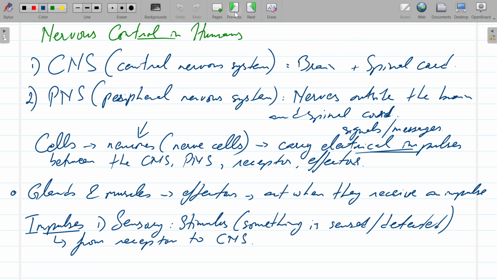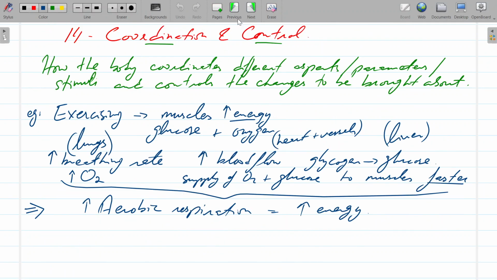There are also sensors within the body to detect internal changes. The muscles needing more energy is an internal change, and so that is also detected. The signal is sent to the central nervous system by sensory neurons.